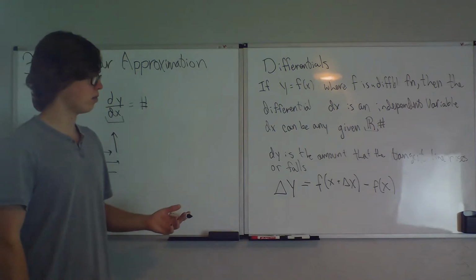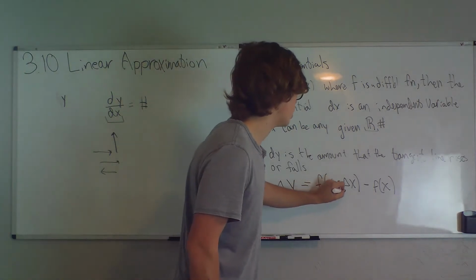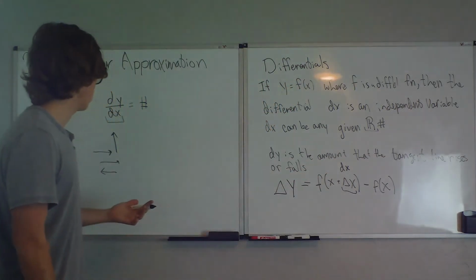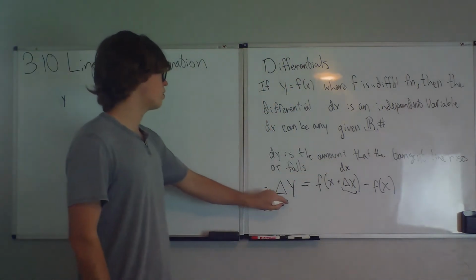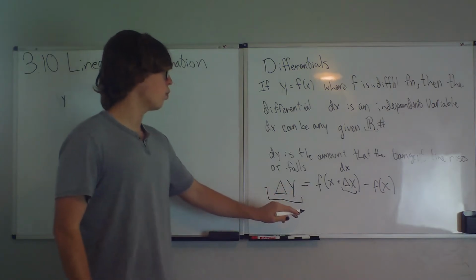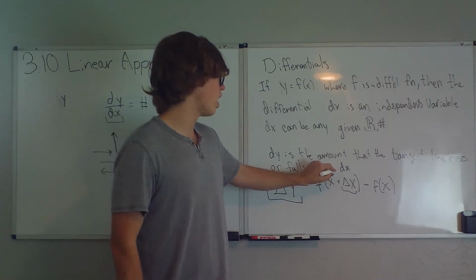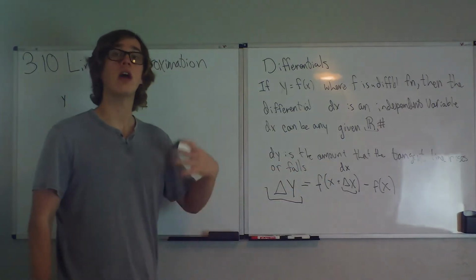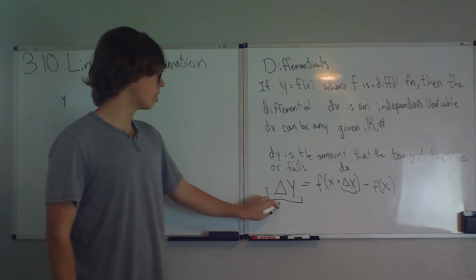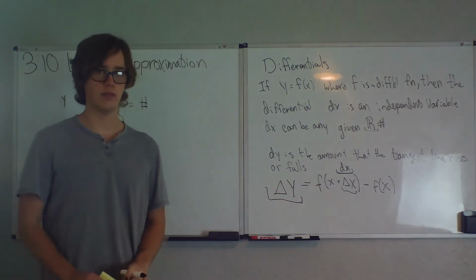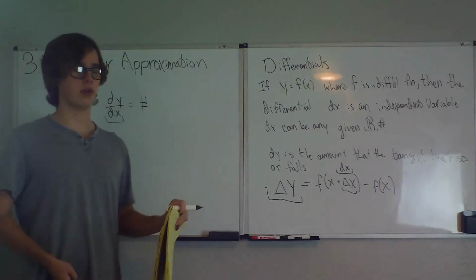This change in x is also dx, and it's basically saying y changes by this much when our input changes by this much inside the function. So this is a differential.